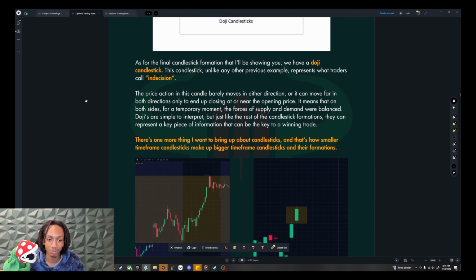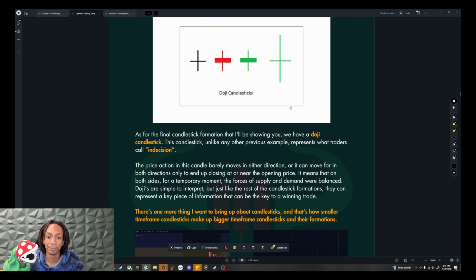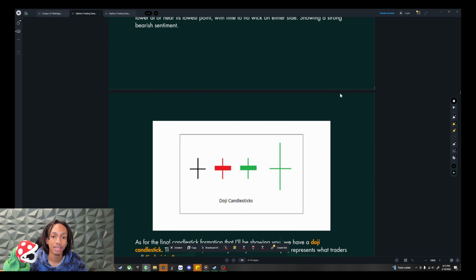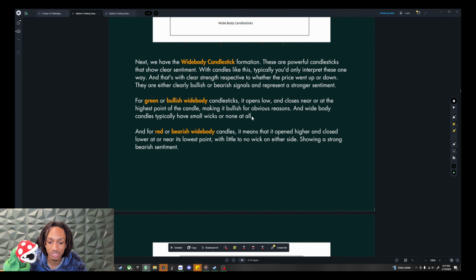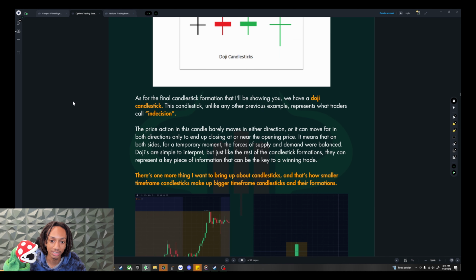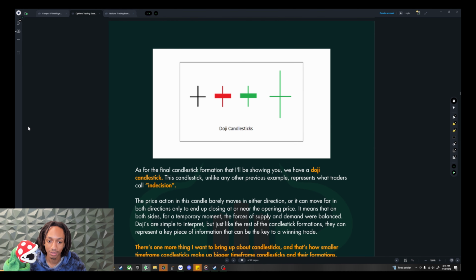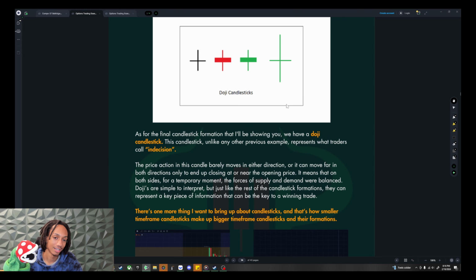So I say this represents indecision and stuff like that. When I go over the part on basic volume and price action and actually putting a trade together using these concepts and these different candles, you'll see how a doji candlestick can mean more buyers or more sellers are coming into the market or things are changing.